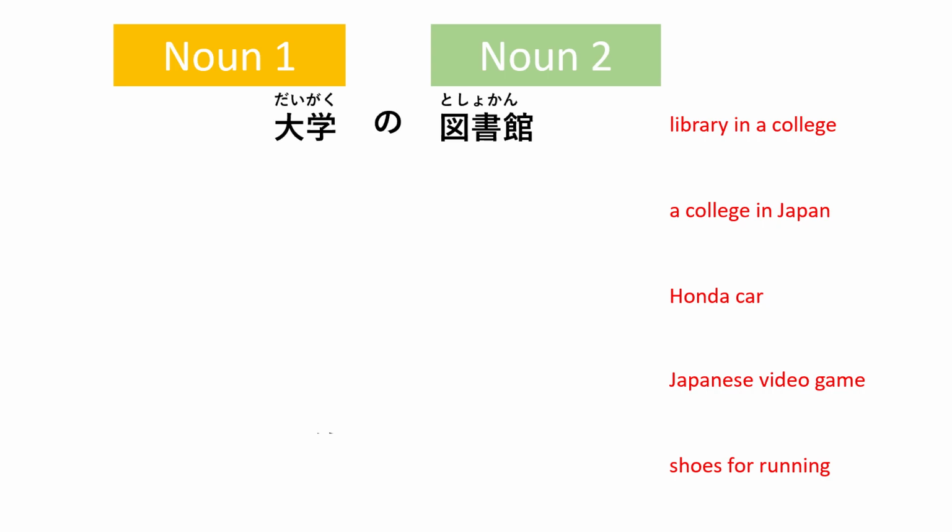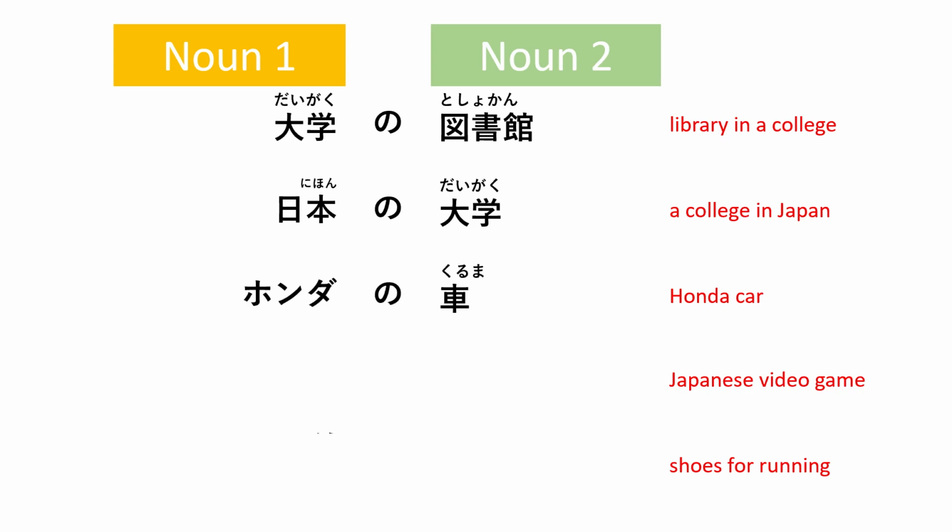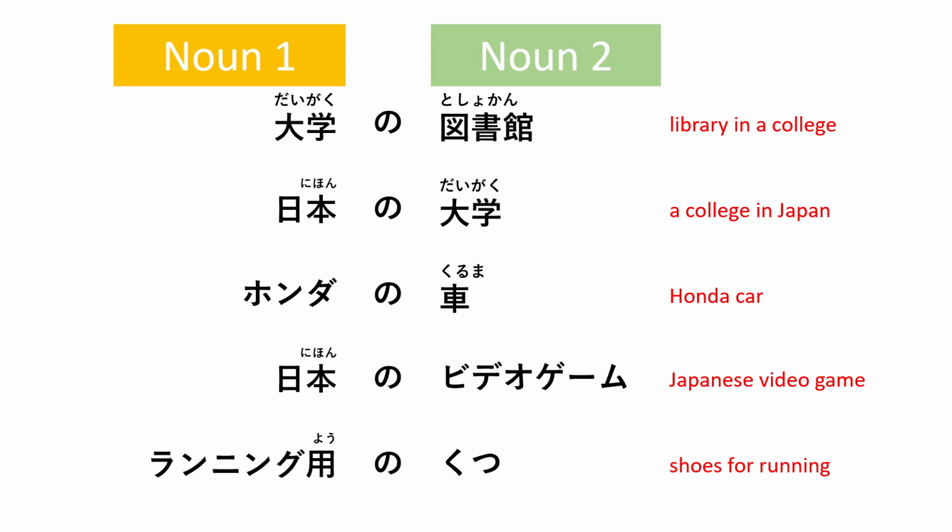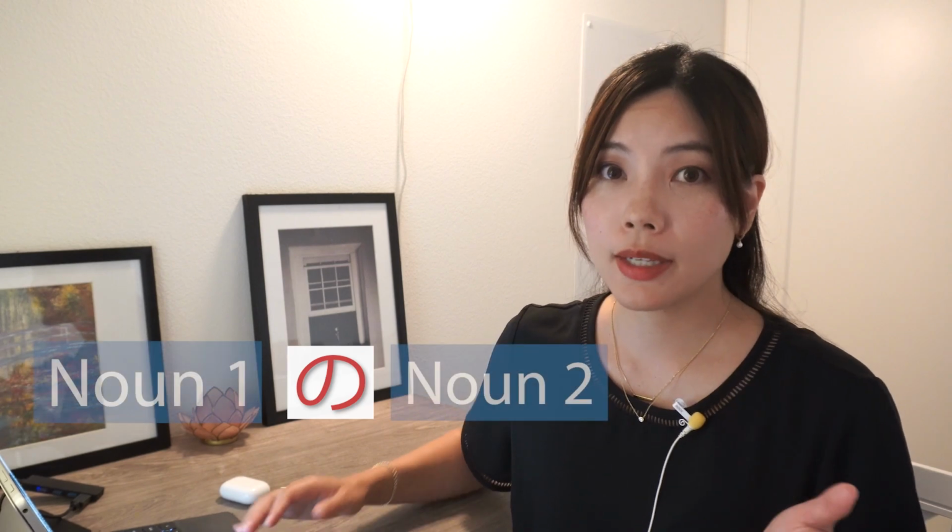大学の図書館、日本の大学、ホンダの車、日本のビデオゲーム、ランニング用の靴。Like I said, particle no connects two nouns, noun 1 and noun 2.